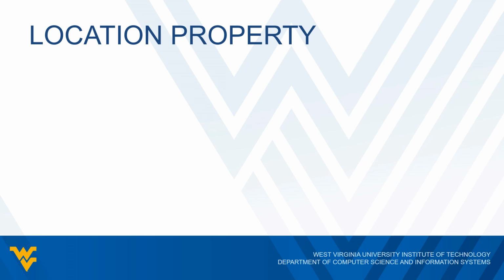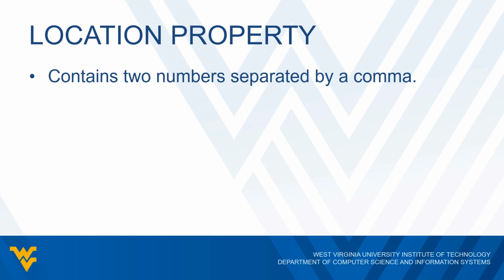Now, I want to talk a little bit about the location property because there are some things about it we do need to take note of. If you look at that property in the properties window, you'll see that it contains two numbers separated by a comma. It's similar to the size property that we talked about before for our forms, where we had the width and the height.